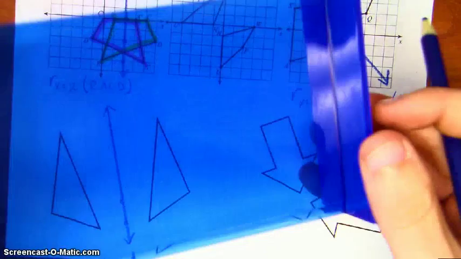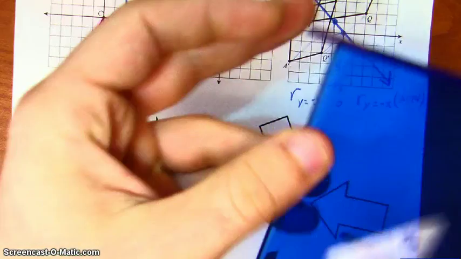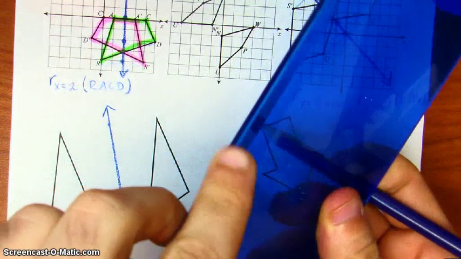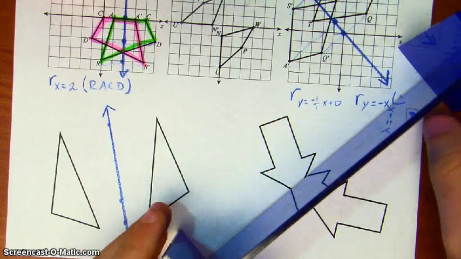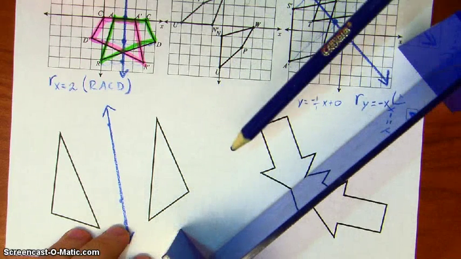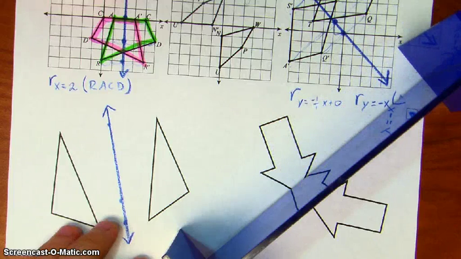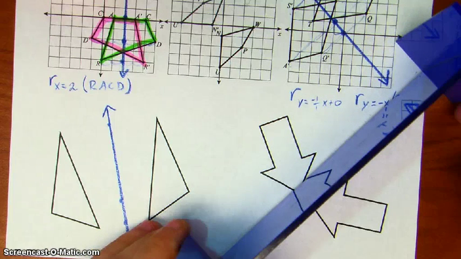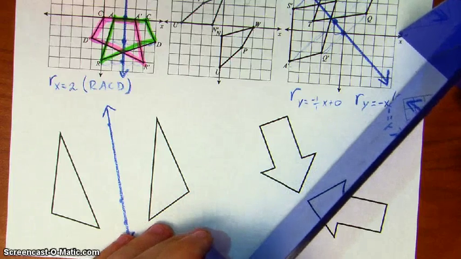The other way we could do it is with one of these mirrors right here. All you've got to do is take one of these mirrors and take this beveled edge, this kind of pointy edge right here, and put that down on the paper like this. And then look through this side. What we're going to try and do is look into this mirror and move it until the image and the pre-image in the mirror line up.